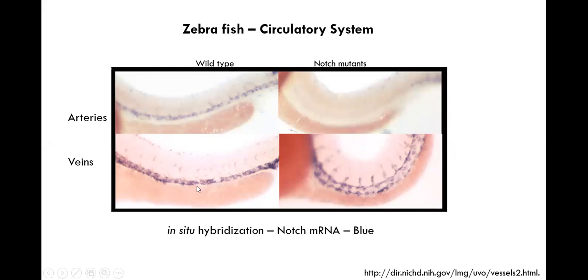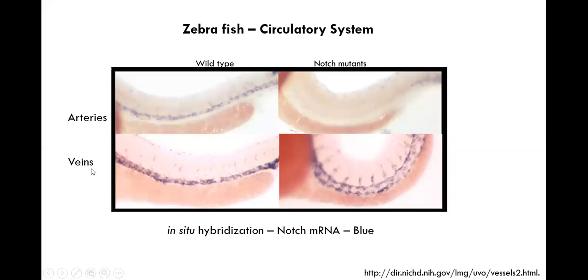They also observed what happens when a notch mutation occurs in the genome and the notch protein is not expressed. These are the notch mutants, here on the right side of the slide. They observed that the notch transcript disappeared from the arteries in the animal.